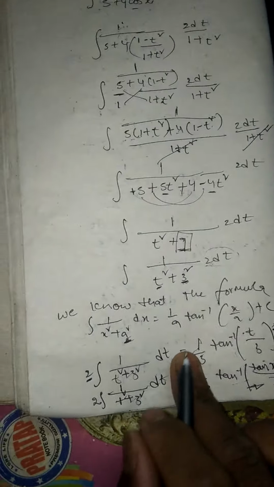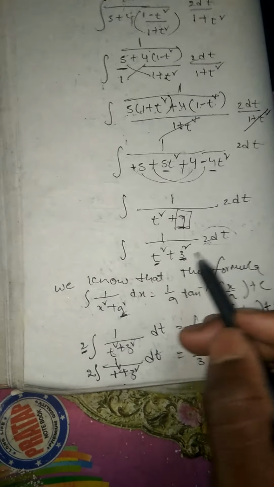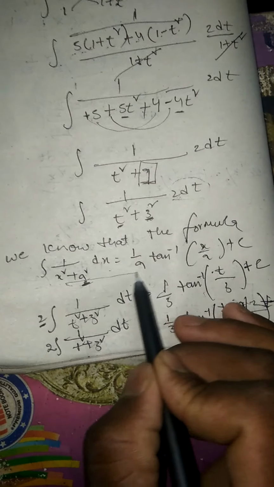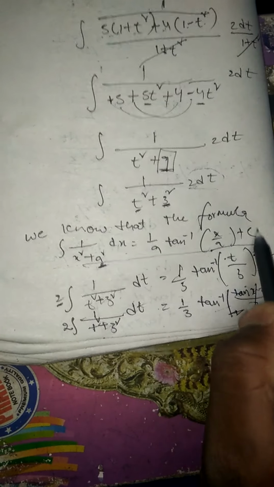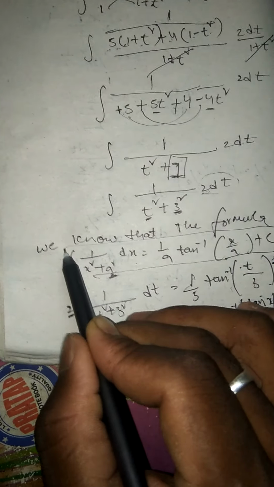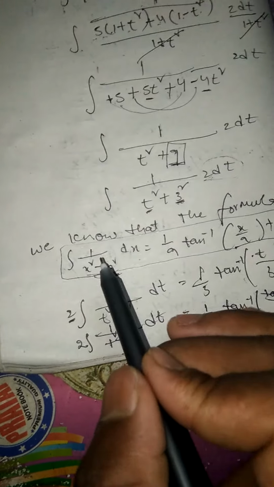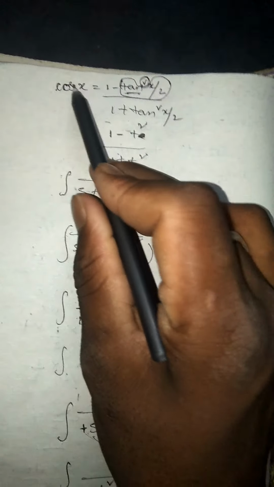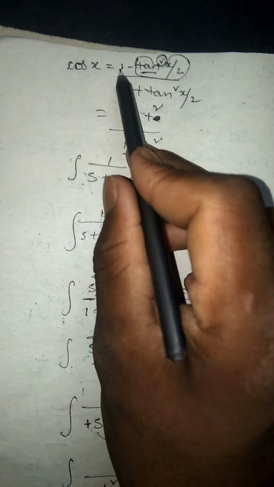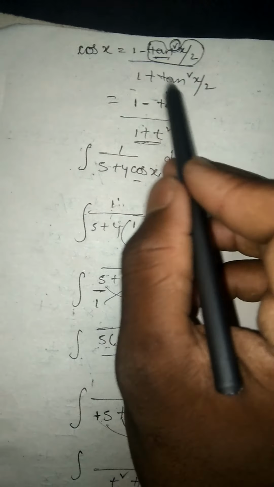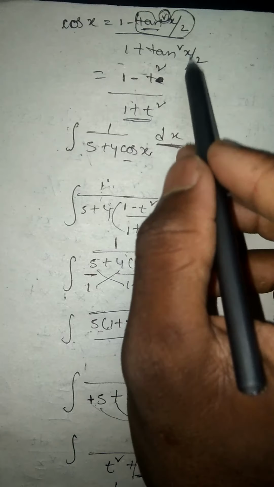We have to remember only these formulas. This is the very important formula at the ending of the sum. This is the first formula, and another formula is cos x in terms of tan: 1 minus tan square x by 2 by 1 plus tan square x by 2.